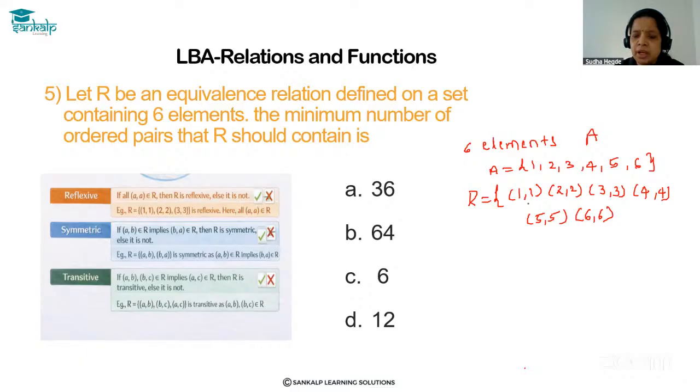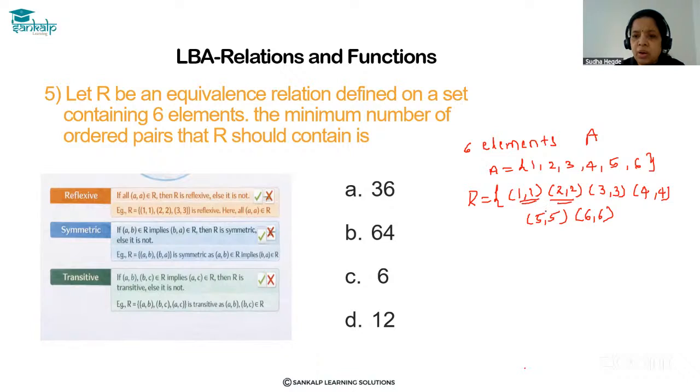(a,b) should be there in R. That implies (b,a) should be there in R. So, if you reverse any of these elements, that will be the same element. So, R is symmetric.